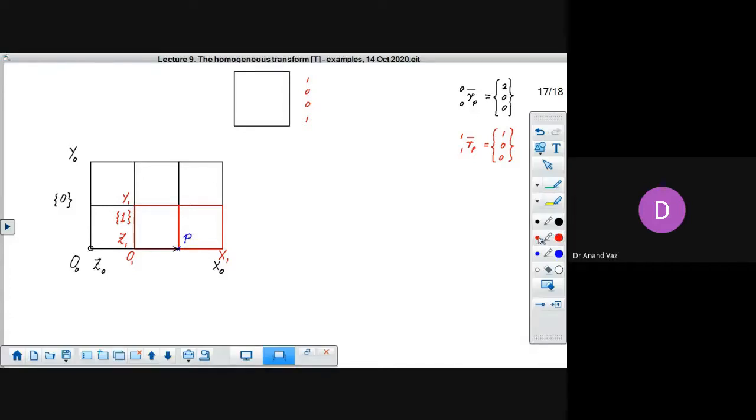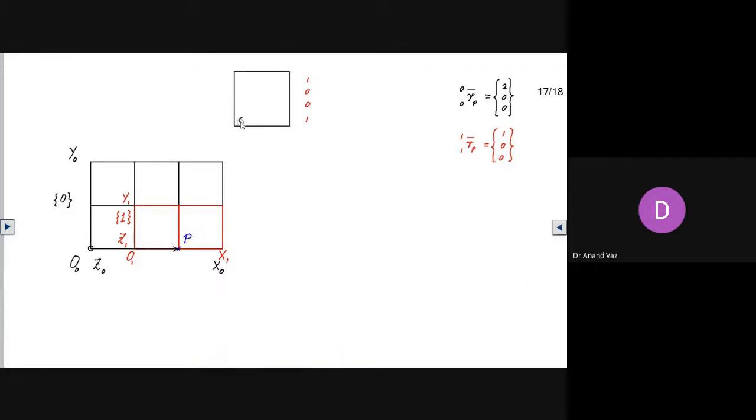And we know that the components of this T matrix will be 0, 0, 0, 1. And if you see the orientation of the frame 1 with respect to frame 0, you will see that the unit vectors of frame 1 are also parallel to the unit vectors of frame 0. So here you will have the same thing. So this will be 1, 0, 0.